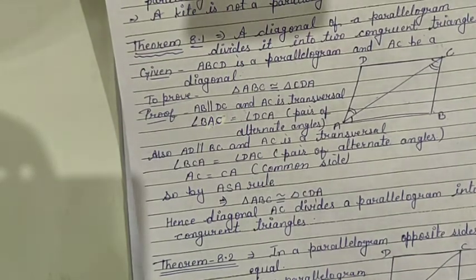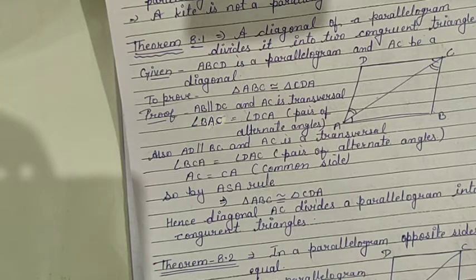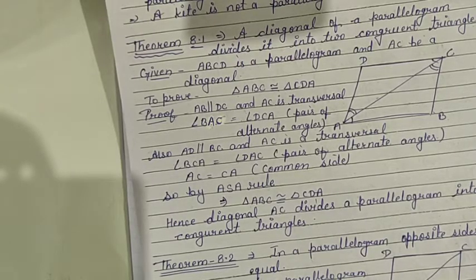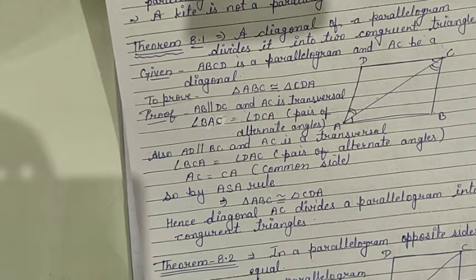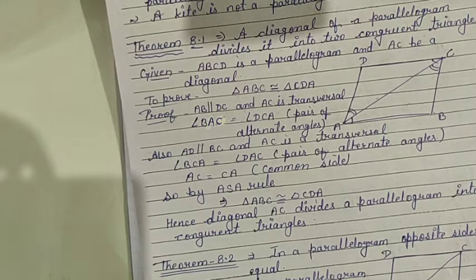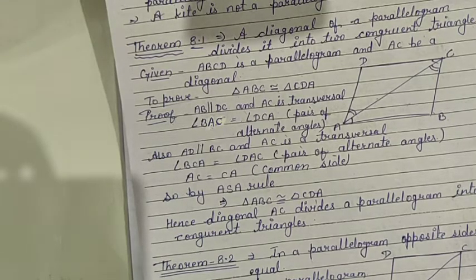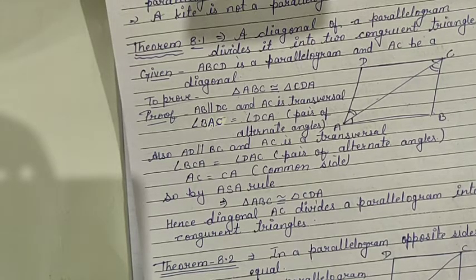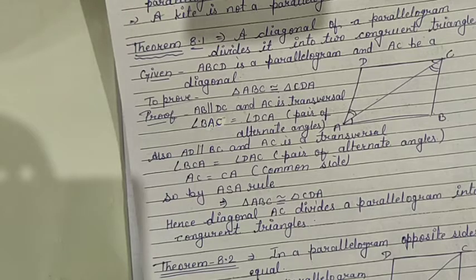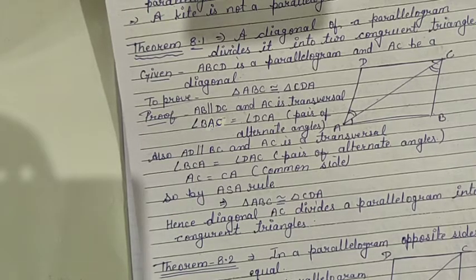Students, you know that there are four criteria for congruency of triangles. The first criterion is the SAS congruence rule, which is side angle side: two triangles are congruent if two sides and the included angle of one triangle are equal to two sides and the included angle of the other triangle.